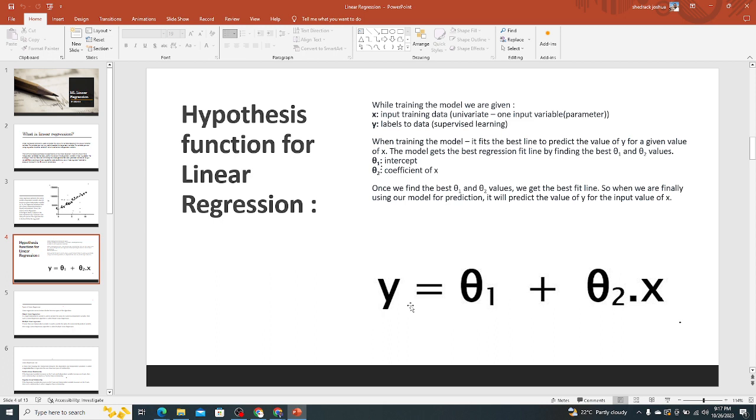For simple linear regression, we will use what we call the coefficient of determination. The coefficient of determination value is the one which will show us if this model is a good model, because it will show us how our data is fitted in our regression line. And of course we have other ways of optimizing the model. We shall also check on that. And we have mean squared error.